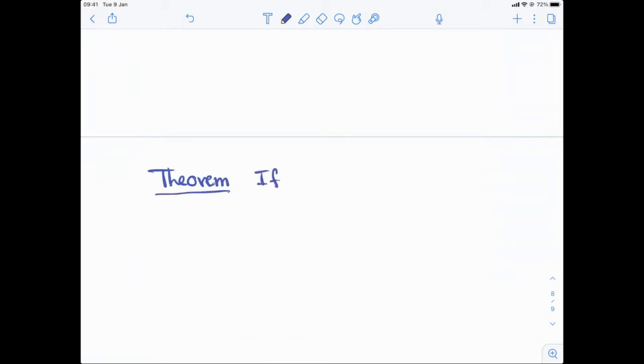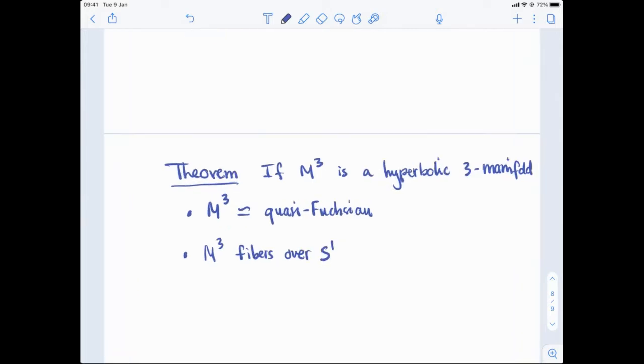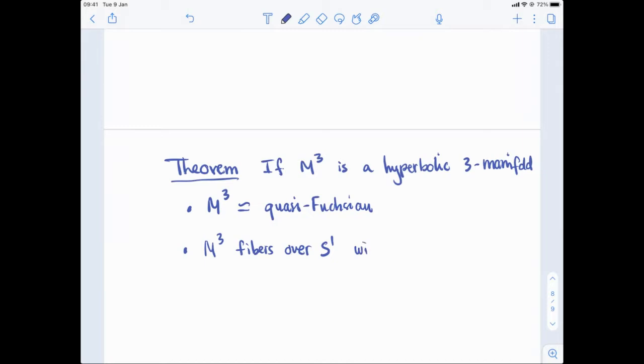So if M³ is a hyperbolic manifold, which is either quasi-Fuchsian, I'm going to explain what that means, or fibers over S¹, with fiber surface of genus greater than or equal to 2, which is the only thing that can happen, by the way.